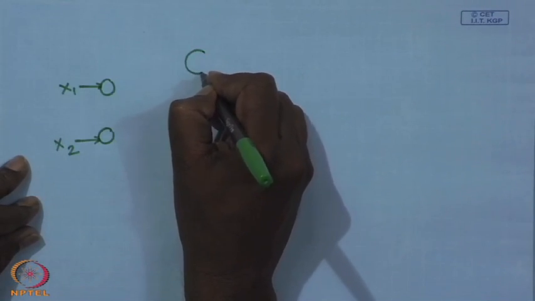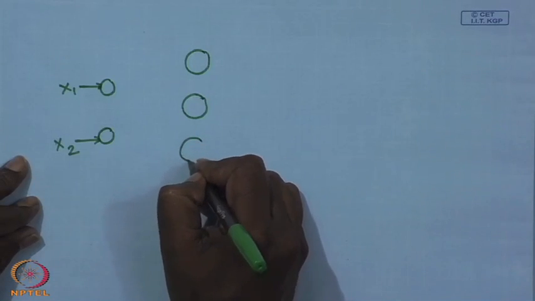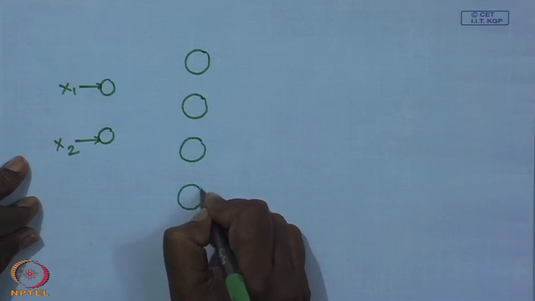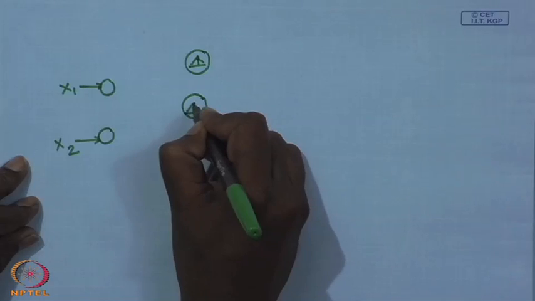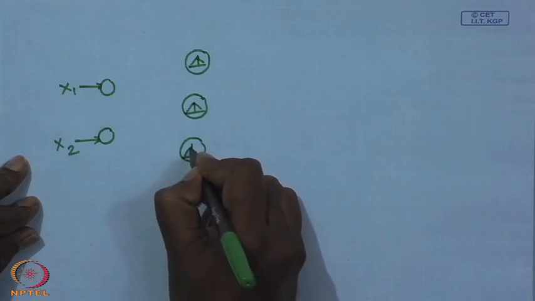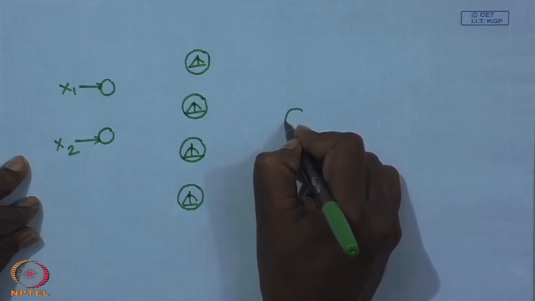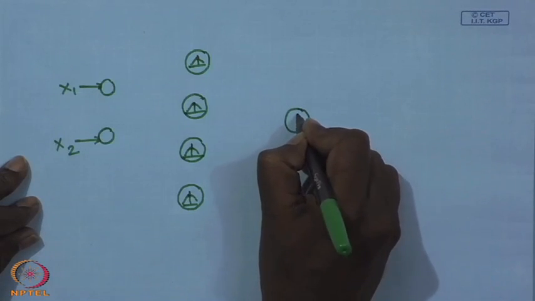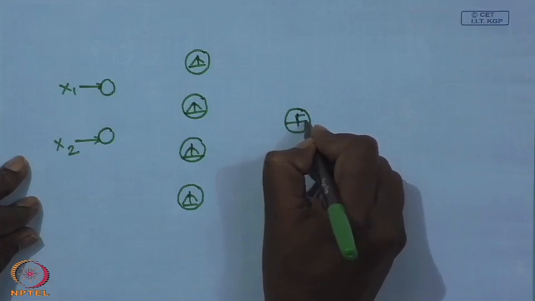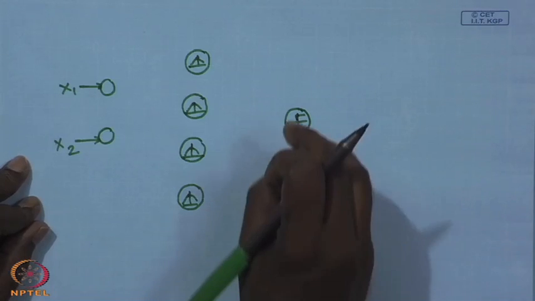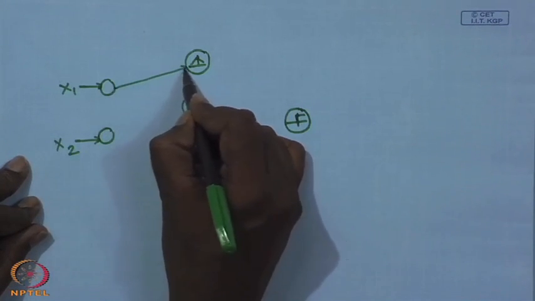I had 4 nodes in the hidden layer, which compute the radial basis functions, and I had one node in the output layer, which is a nonlinear operator or a threshold operator. The connections are like this.